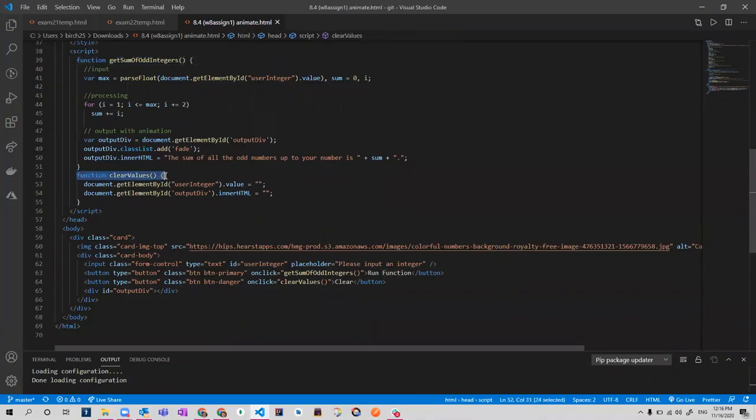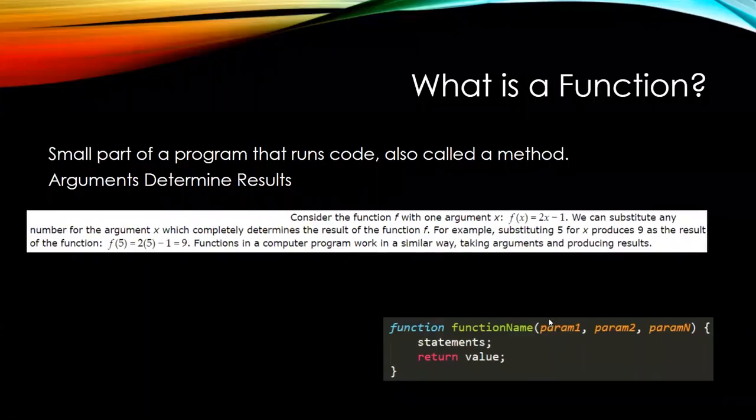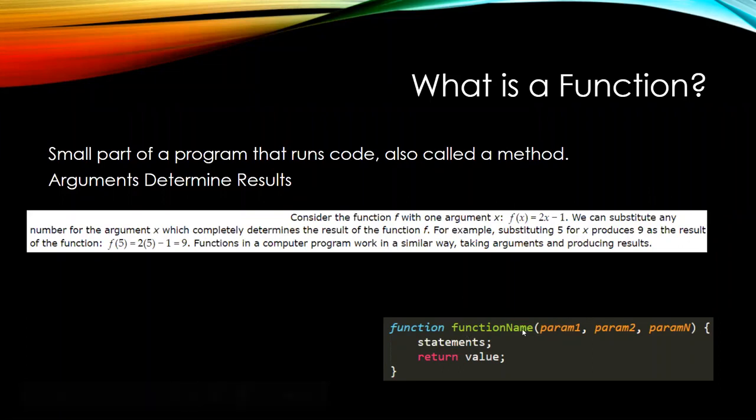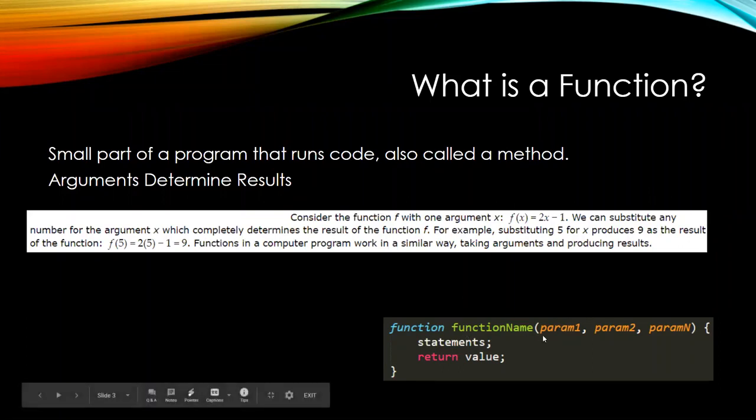Here's another function header, nothing in the parentheses. And then the body of each function. Well, right here, I see that we have param1, param2, param_n. You might have some functions that have a parameter and some functions that have like a billion. There's no limit to how many parameters that you can have. But based on the function and what it's supposed to do, you might need to have parameters.